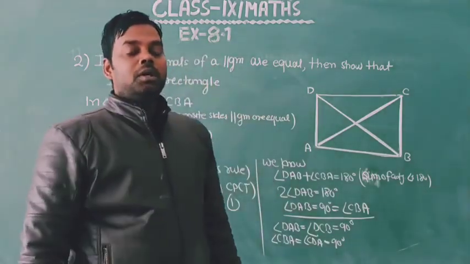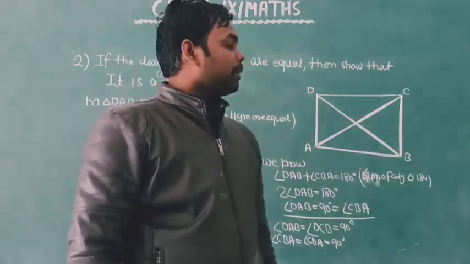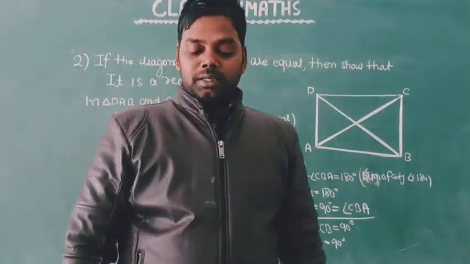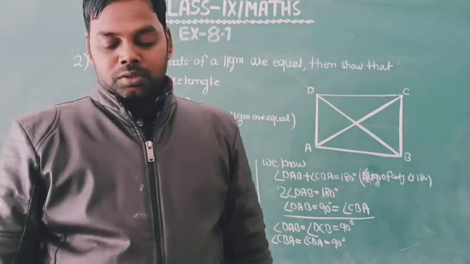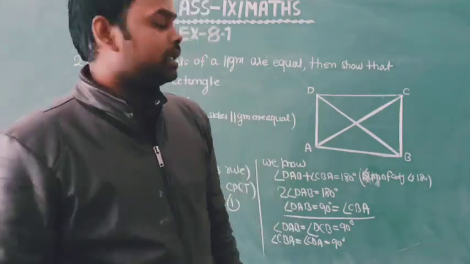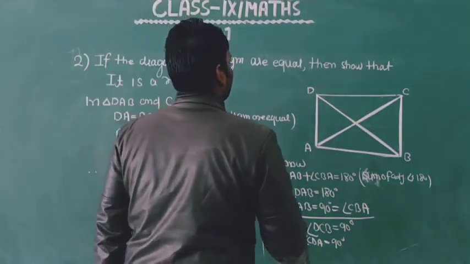So we have proved all angles of the parallelogram are 90 degrees. Hence the parallelogram is a rectangle.